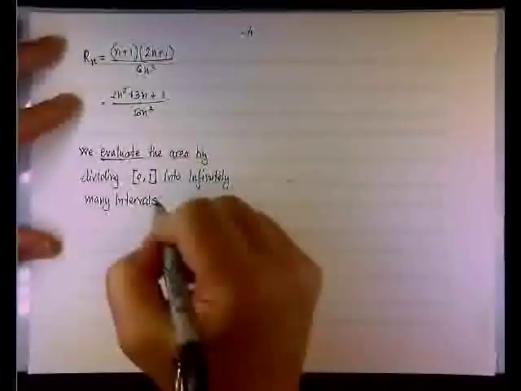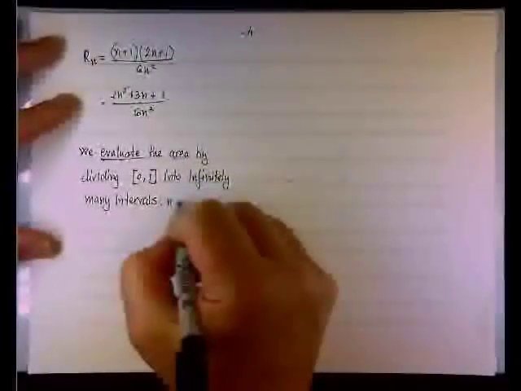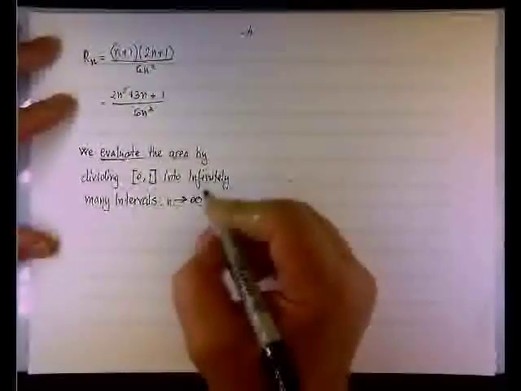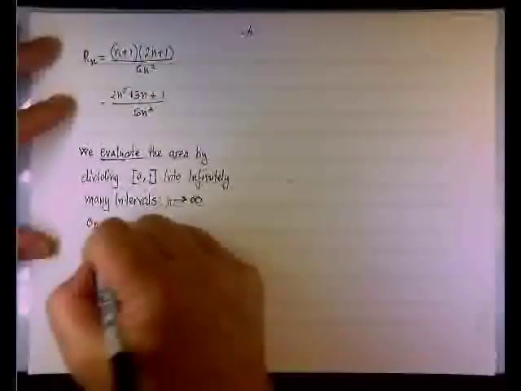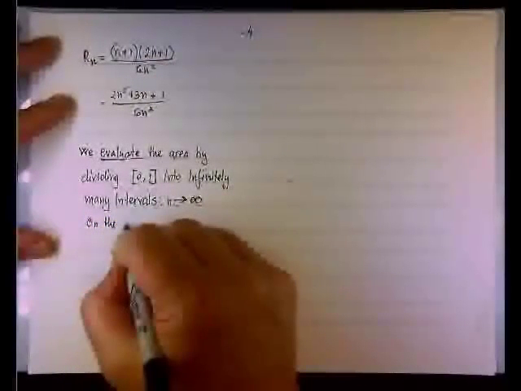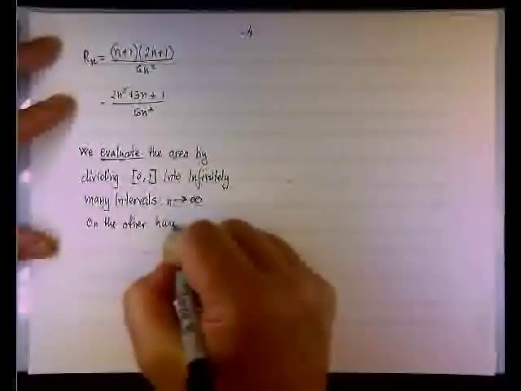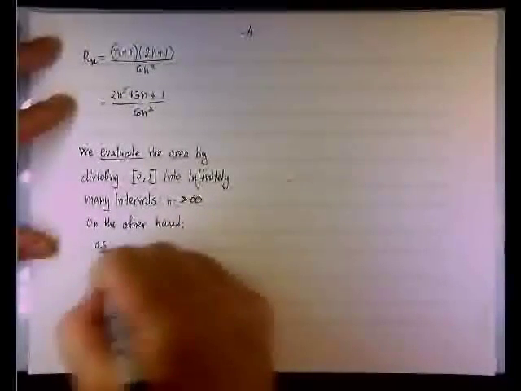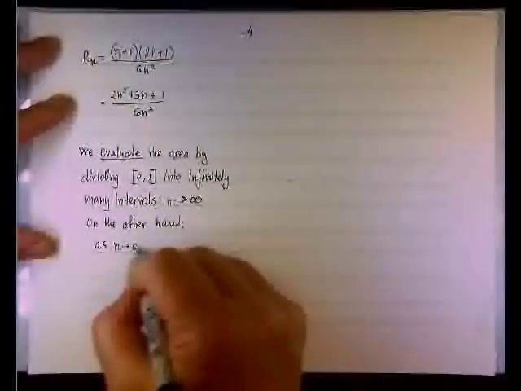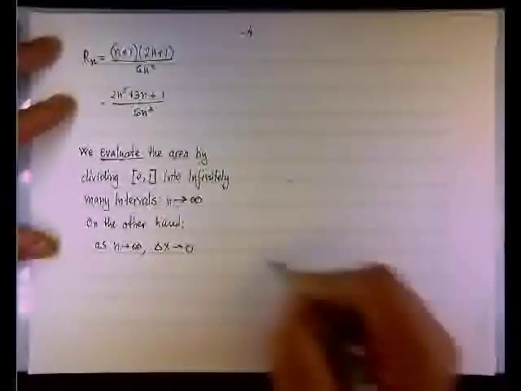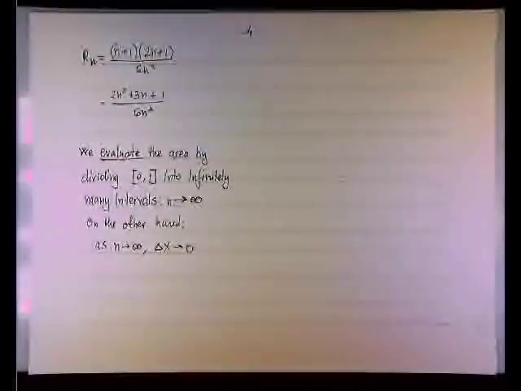Okay? In other words, we're going to let n go to infinity. Okay? On the other hand, you said as well, as n goes to infinity, delta x goes to 0. Okay?